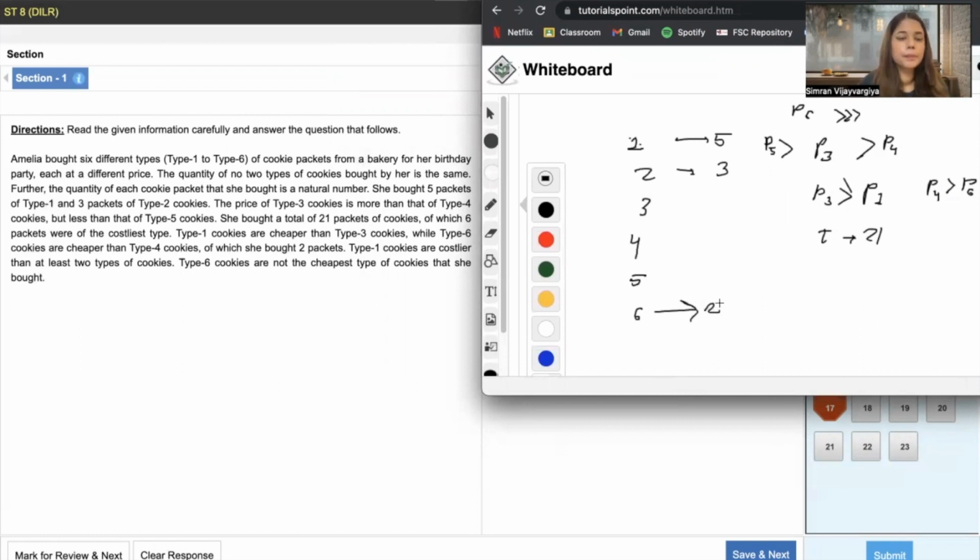2 packets. So, okay. Type 1 cookies are costlier than at least 2. So we know P6 is at top. Then P5, because P1, okay, we don't know where P2 is.